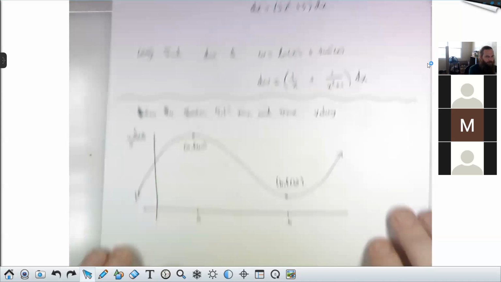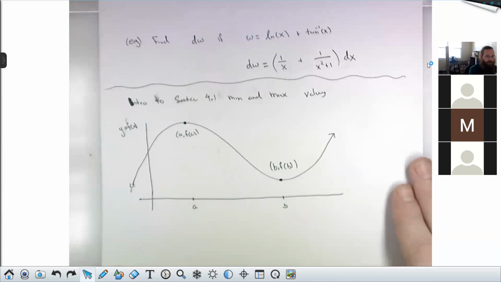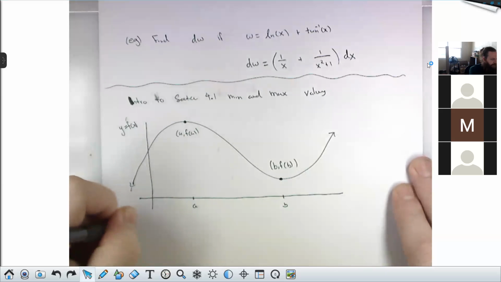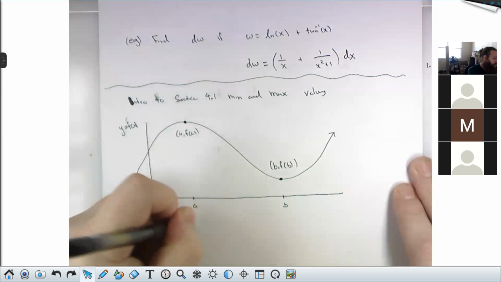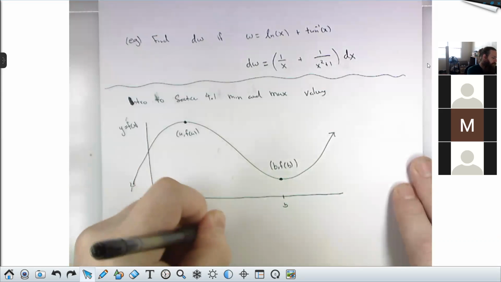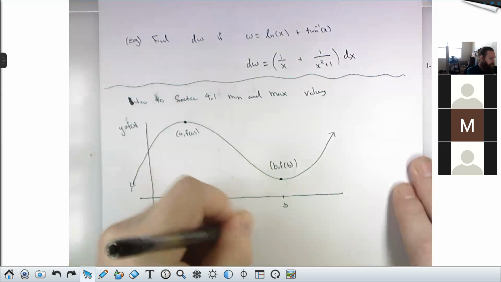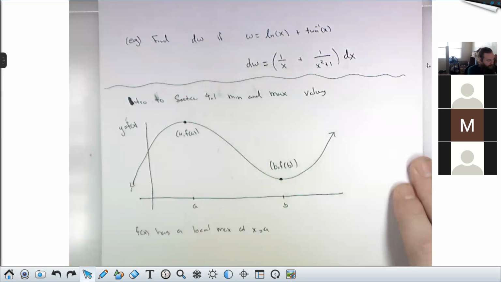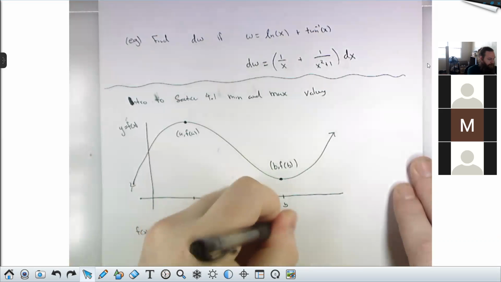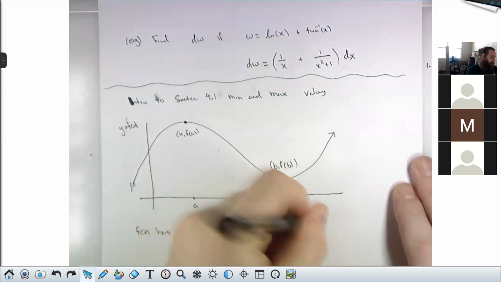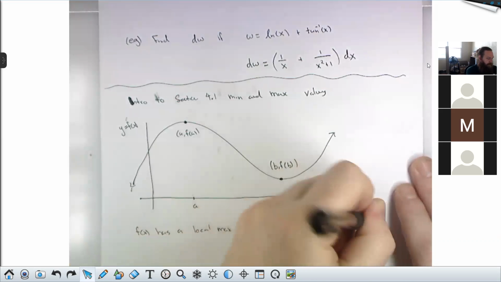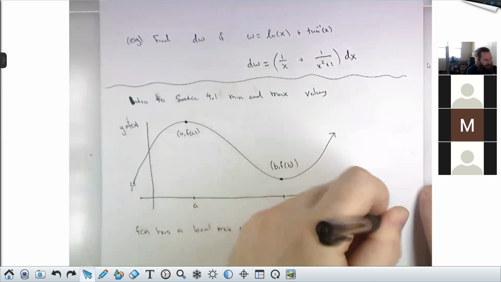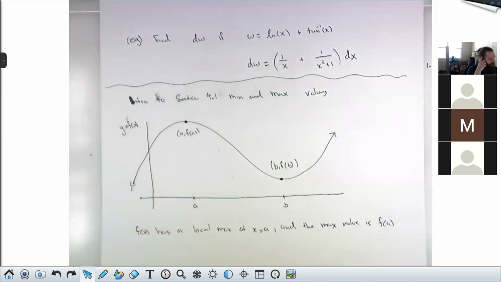So the language we would use here is we would say that f of x has a local max at x equals a. And the max value is f of a, whatever that y value is.